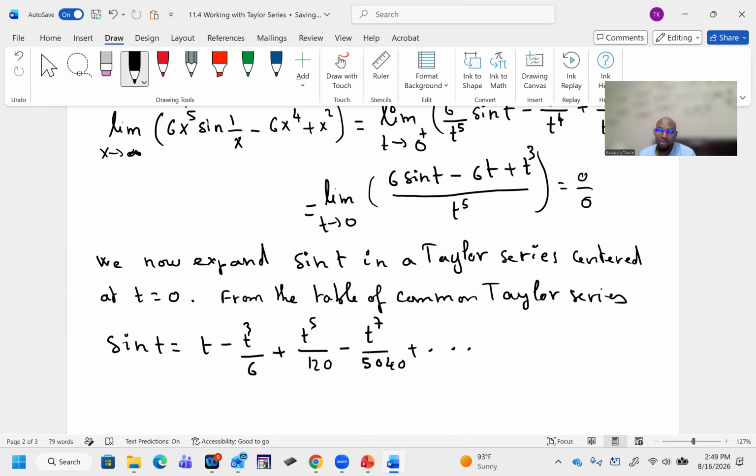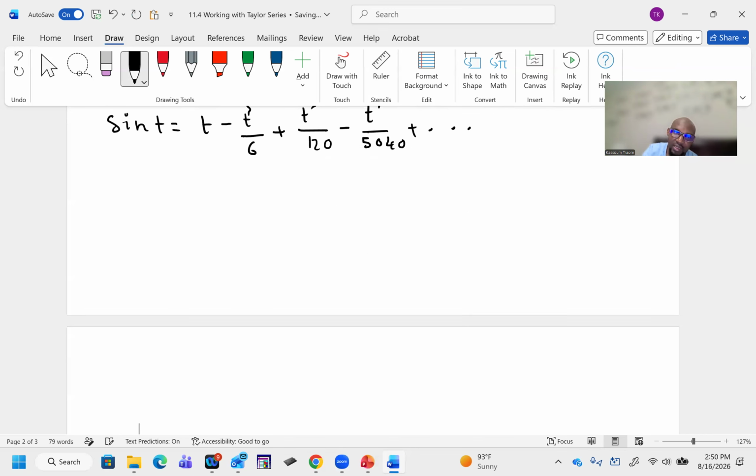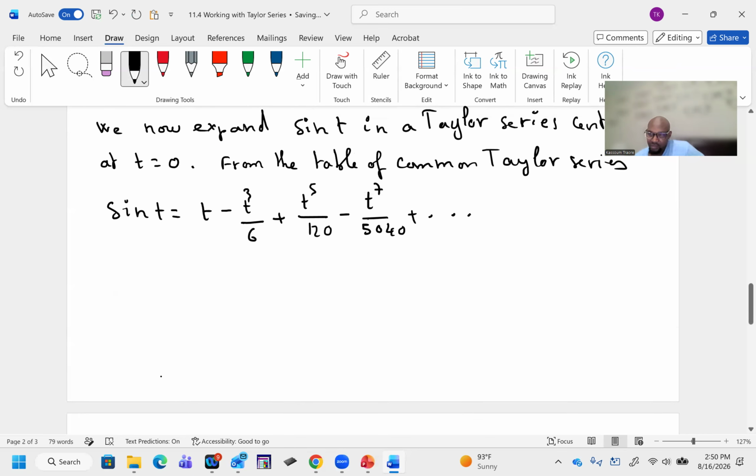So now we will replace sine t in the limit. Let me write the original one.